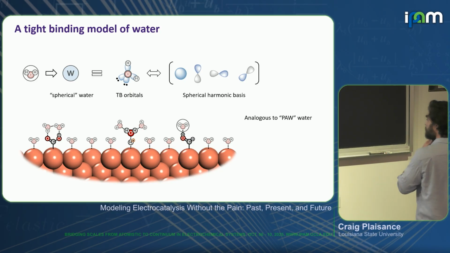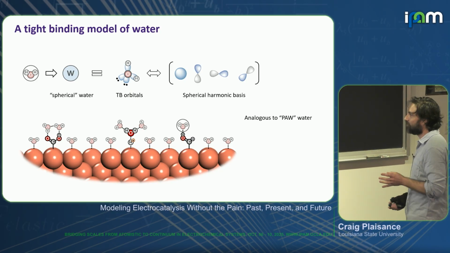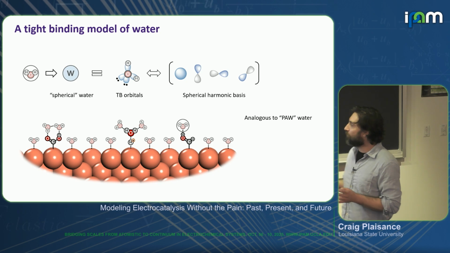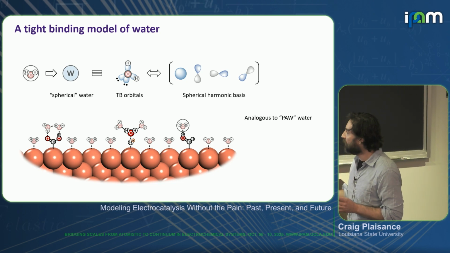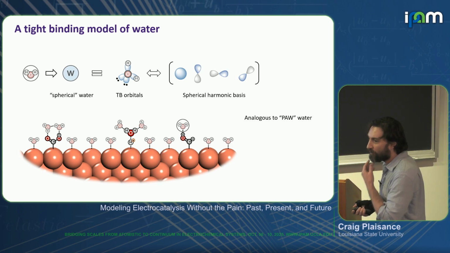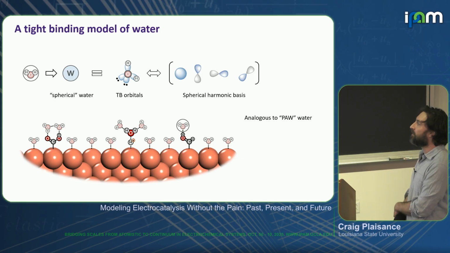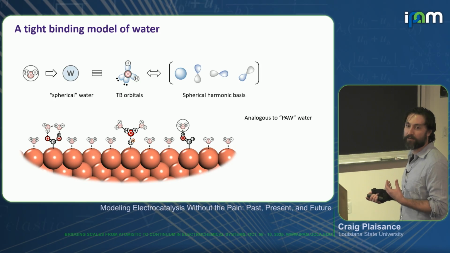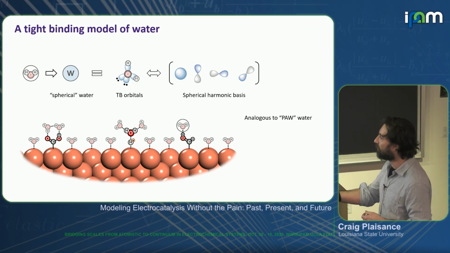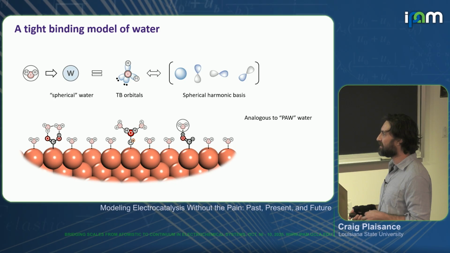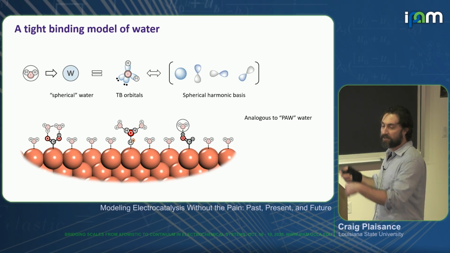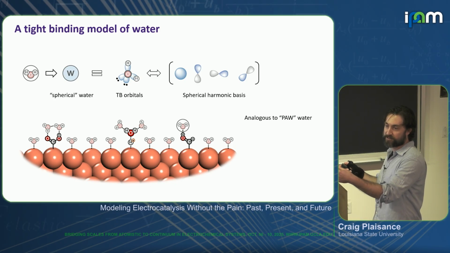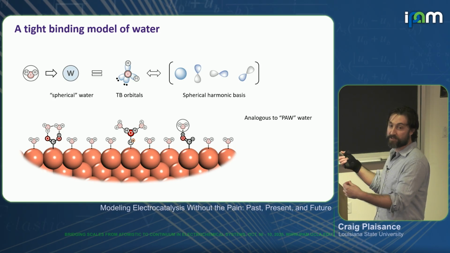Well, let's take a step back and consider a very simple model. Let's say we have one of these explicit waters on the surface, and we don't want to simulate it with DFT. We can take a simpler approach where we develop a tight binding model of that water. We define these tight binding orbitals, basically just the two lone pairs and the anti-bonding OH orbitals, that are the hydrogen bond acceptors and donors.